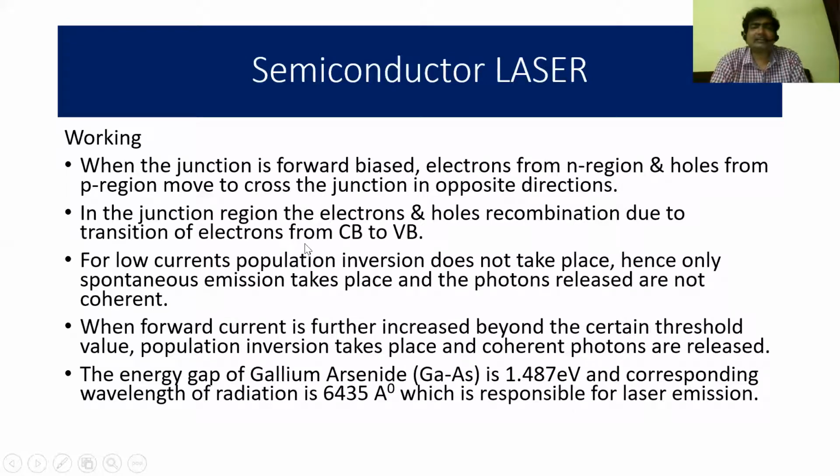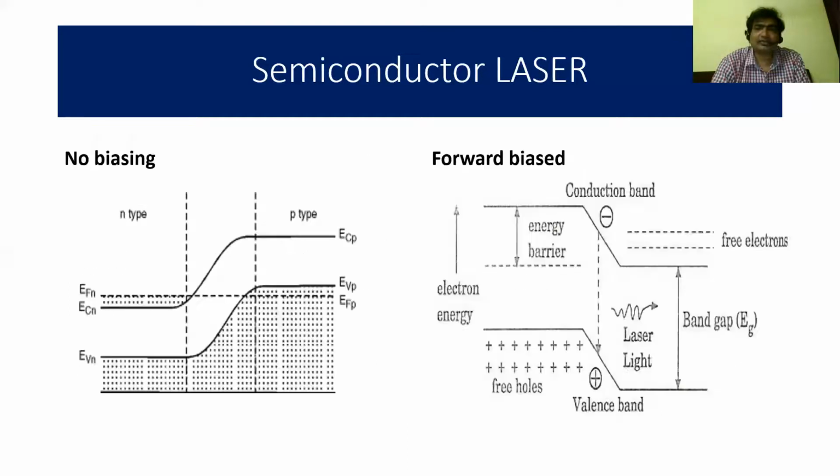Let us see the working of semiconductor laser. When the junction is forward biased, electrons from N region and holes from P region move to cross the junction in opposite directions. Here, this is the forward biased case. When sufficiently large forward bias is given, electrons cross the junction and enter into the p-n junction part. Similarly, holes enter into the junction part due to the high forward bias voltage.